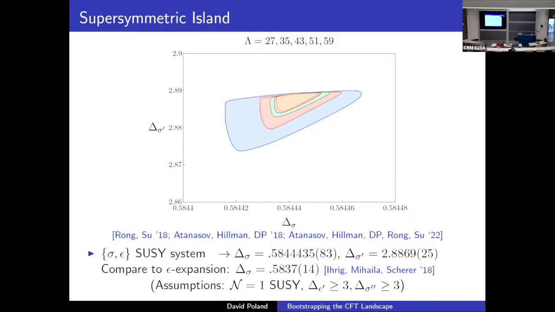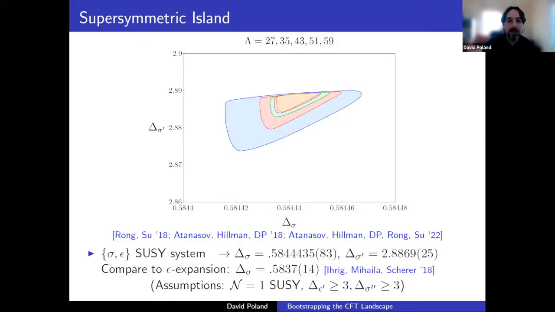Because I remember also there was a bootstrap paper on this N equals 2 Susie theory by Dalimil, Mazach, and colleagues. They were assuming Susie in the bootstrap, and here you're also assuming N equals 1 Susie in the bootstrap. Yep, that's right. But it's weaker. N equals 1 Susie is weaker than N equals 2 Susie.